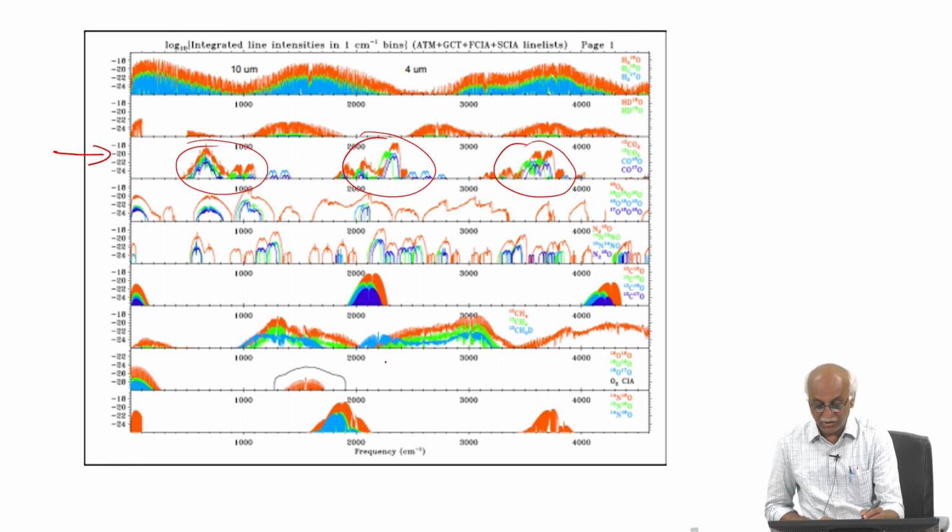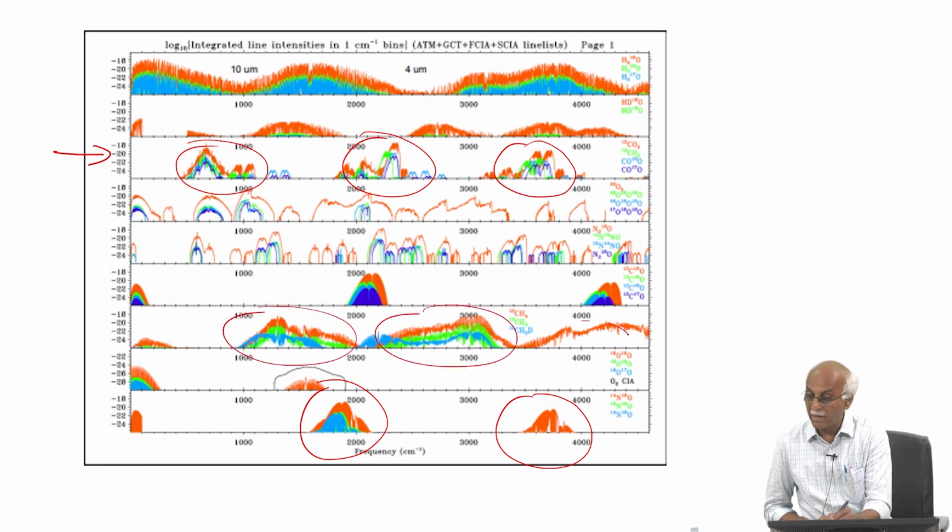If we consider NOx, NO has such absorption bands. If we consider methane, it has different transition and absorption bands available.